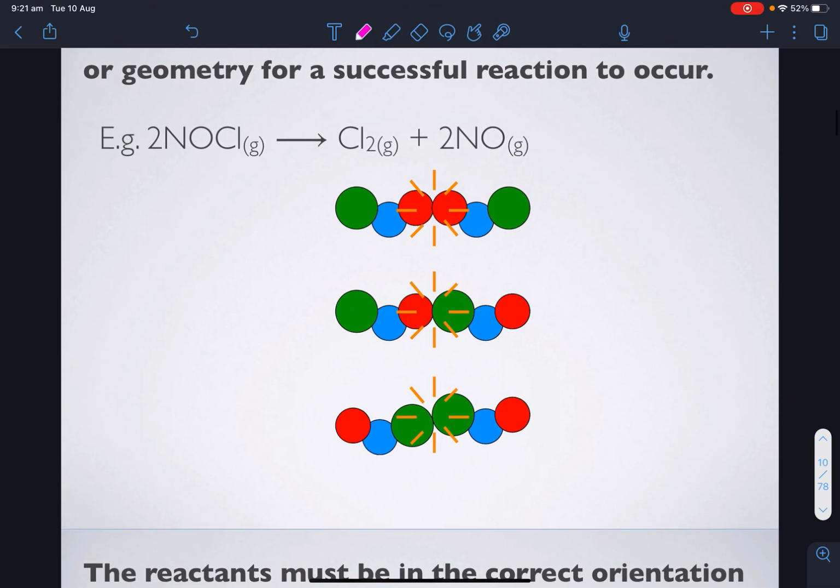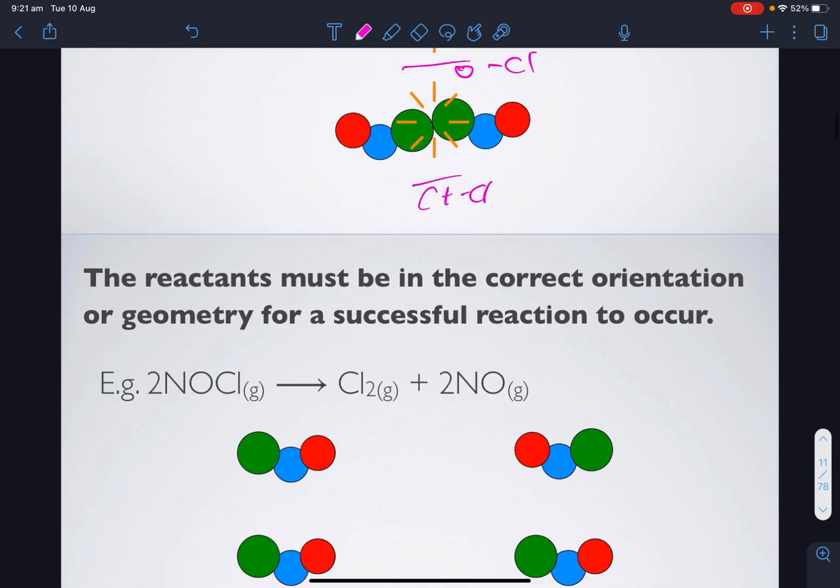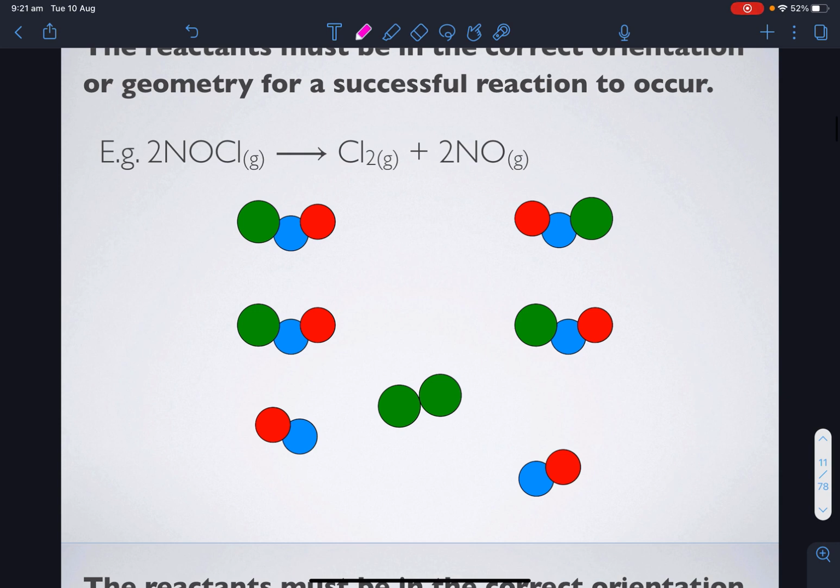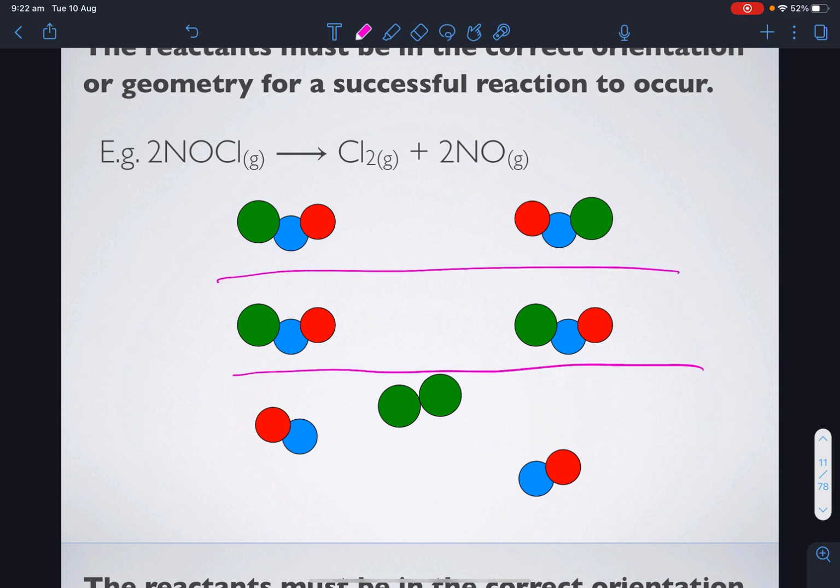Look, here's where they're meeting. So oxygen to oxygen, oxygen to chlorine, chlorine to chlorine. Let's see what happens. These ones are just repelled. So the oxygen to oxygen, no reaction. Oxygen to chlorine, no reaction.